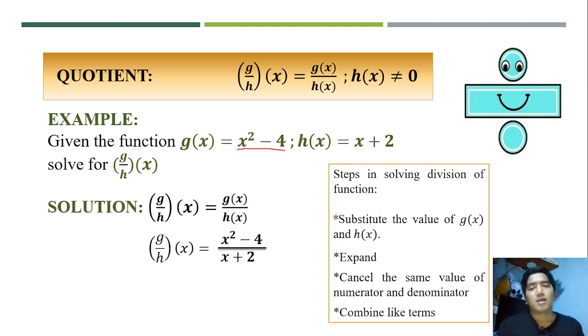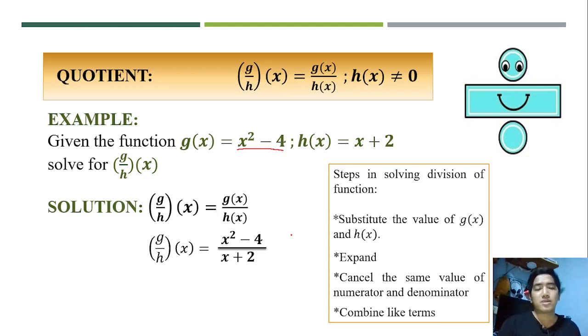And then, next step natin will be i-factor natin yung numerator. So since as you can see guys, pwede mag-factor sa numerator and denominator. So kung ano yung available na pwedeng i-factor, yun po tayo mag-factor. So dito sa given natin, sa numerator tayo pwedeng mag-factor.